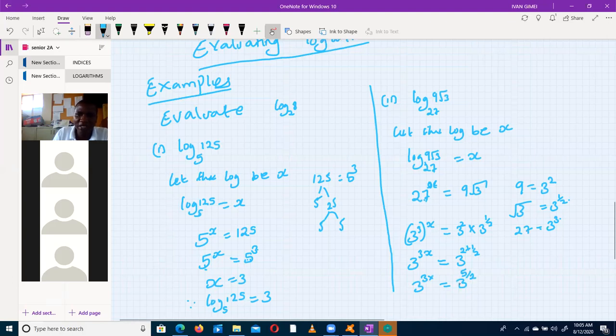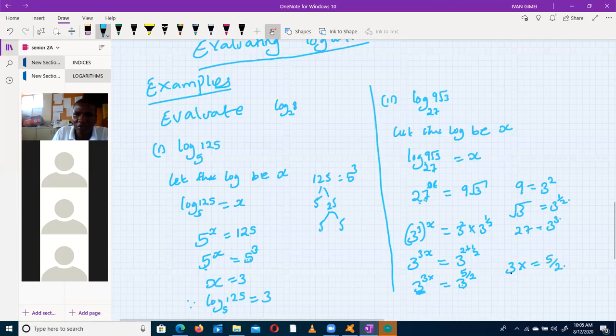Since the bases are the same, you equate the powers. We couldn't equate from before because we didn't have common bases. You cannot do anything at that point. You first express them in terms of common bases, then you equate. Now here we have 3, here we have 3. What you do, you equate the powers. 3x will be the same as 5 out of 2.